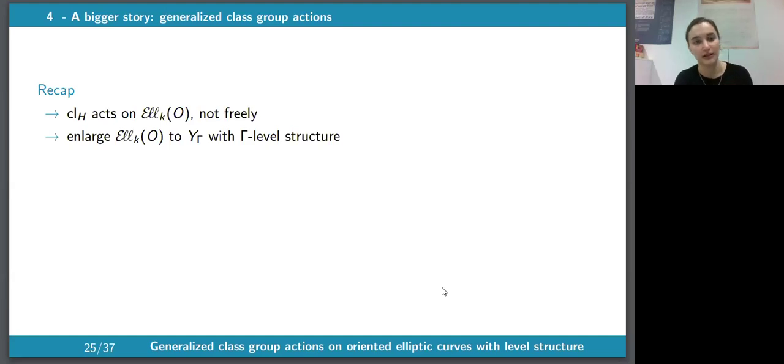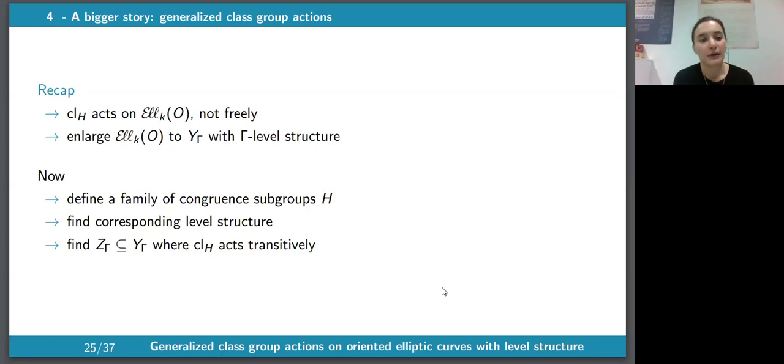Now, before continuing, let me give you a short recap. We defined generalized class groups acting on L_K(O), but they are not acting freely. To hope for a free action, the idea is to enlarge L_K(O), and we enlarged it now to Y_gamma, where we attached level structure to oriented elliptic curves.